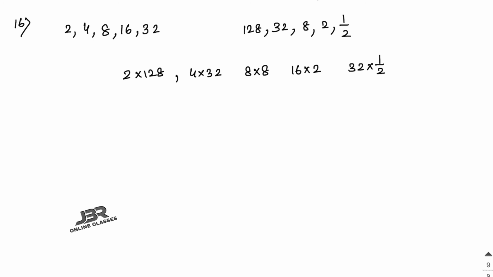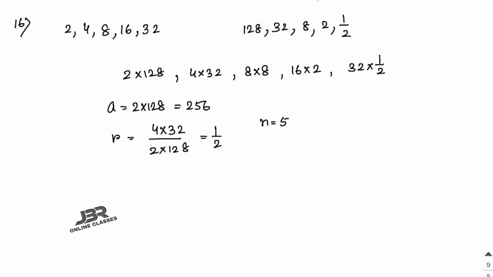So this one is in GP. So here a equal to 2 into 128, that means 256. r equal to 4 into 32 divided by 2 into 128, that is equal to 1 by 2, and n equal to 5.